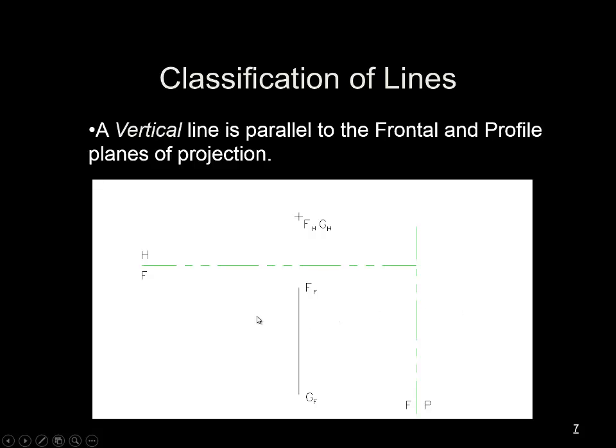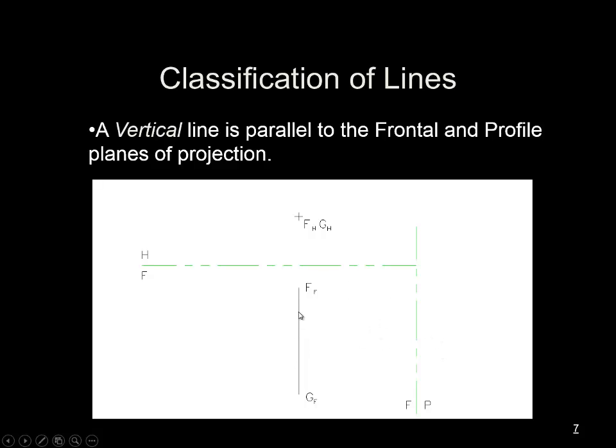In this situation, this line is parallel to the profile plane. If I were to draw out what the profile view would look like, of course I would take my 2 rays from F and G, and then I would get my offset values up here, and they're both the same, right? F and G have the same offset value, so I'd end up with just a vertical line out here as well. So it's parallel to the profile, it's parallel to the frontal, but it's a special situation, it's a vertical line.